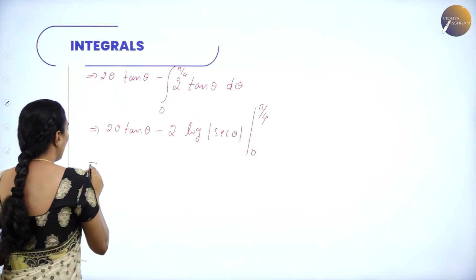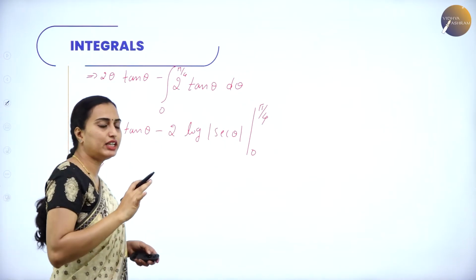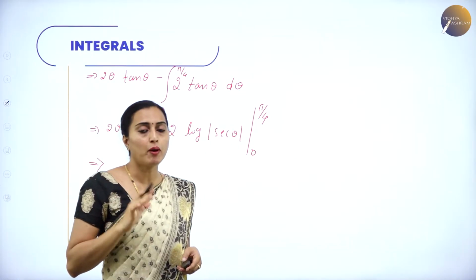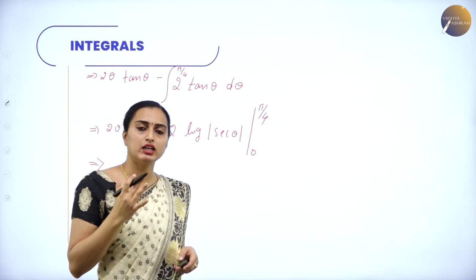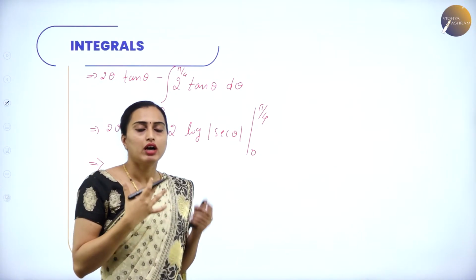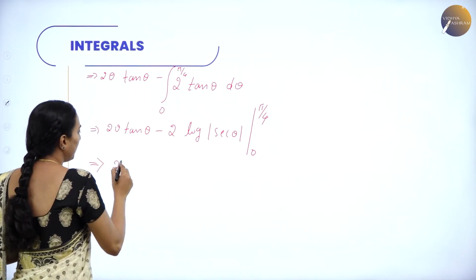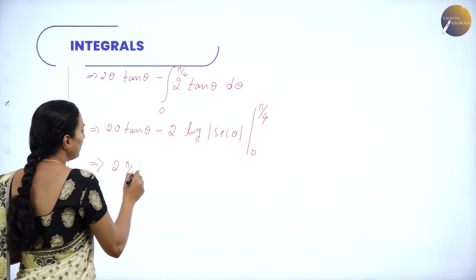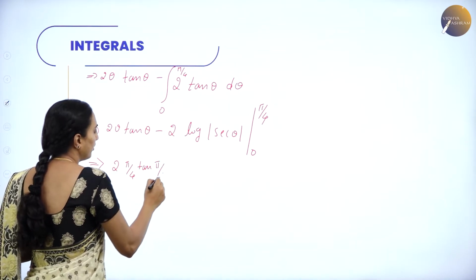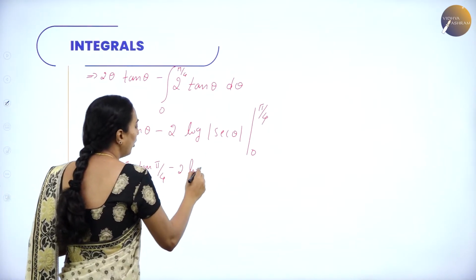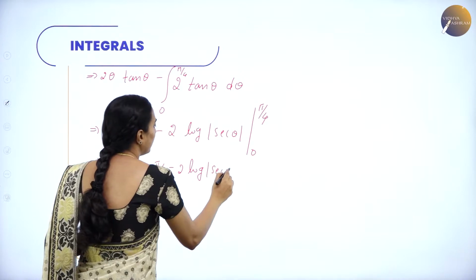Now you can apply the limit to the whole term. Wherever theta is there, you replace it with pi by 4, and wherever theta is there, replace it with 0, because it is upper limit minus lower limit. So you have 2 pi by 4 into tan pi by 4 minus 2 log of modulus of secant pi by 4.